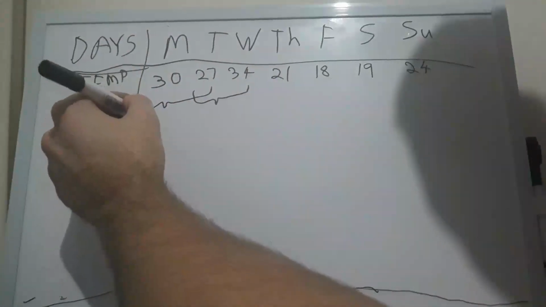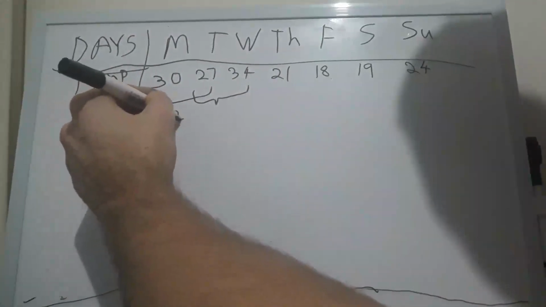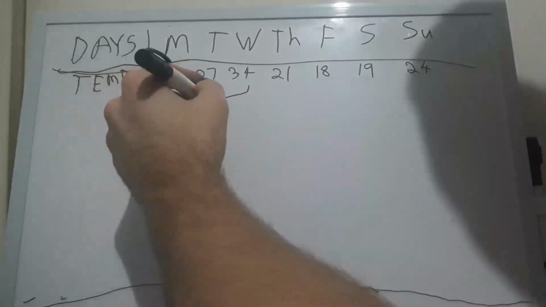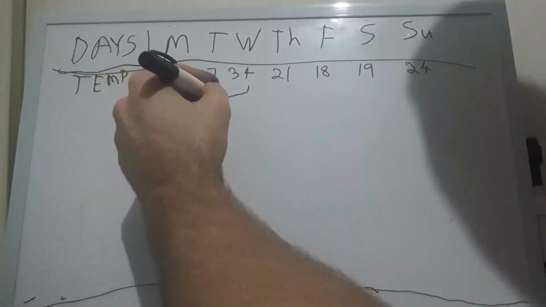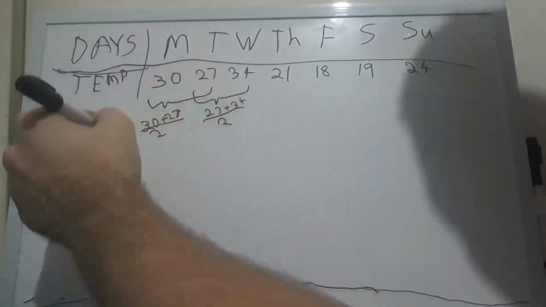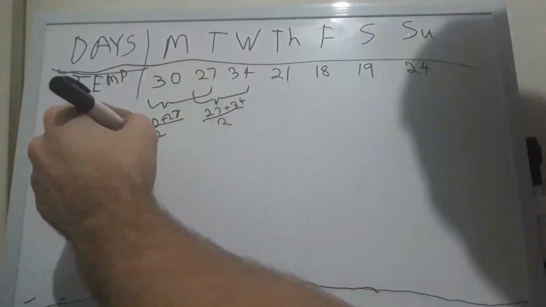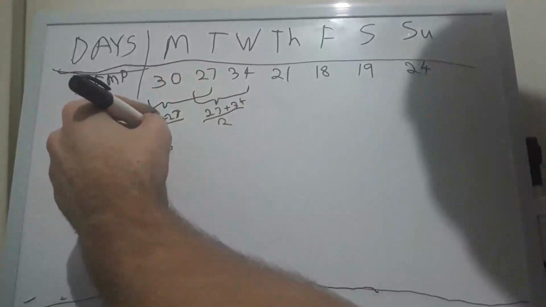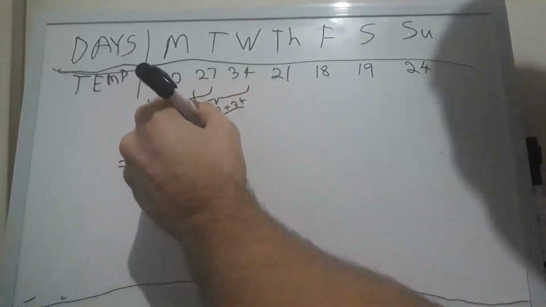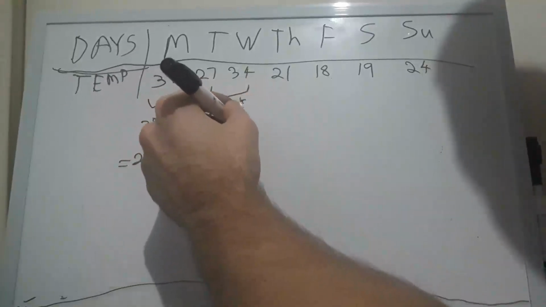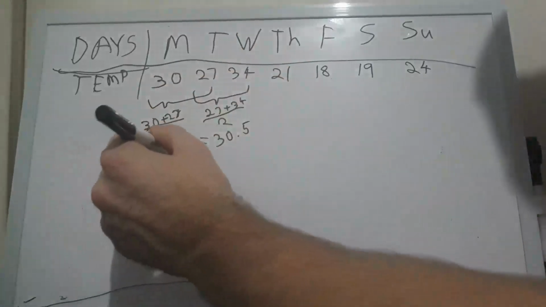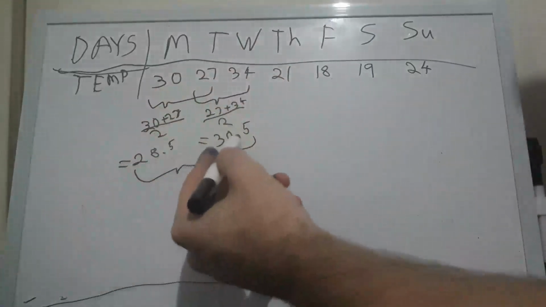So that'll be 30 plus 27 over 2, and 27 plus 34 over 2. That gives you 28.5, and this one would give you 30.5. Then, to get your final answer, you'd get the average of these two numbers.